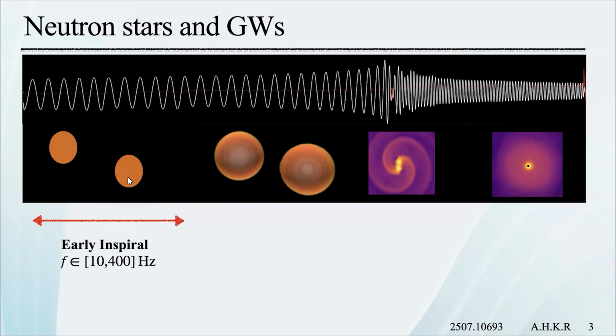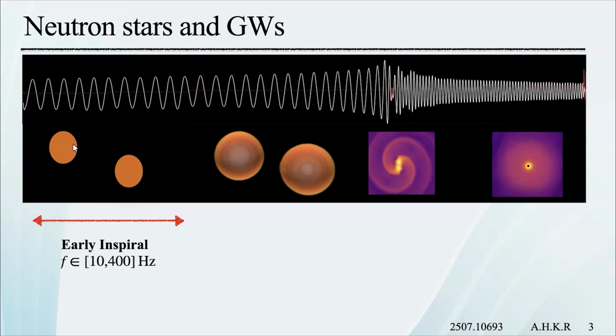When they enter the LIGO band, they emit gravitational waves at frequencies between 10 and 400 hertz. At this stage, the objects are moving very slowly, and you can treat their interactions using post-Newtonian gravity. The gravitational fields are weak, and moreover, you can ignore the fact that the objects have a finite structure. You can treat the objects as if they were point particles, so you just need to model their mass monopole moment to understand the dynamics.